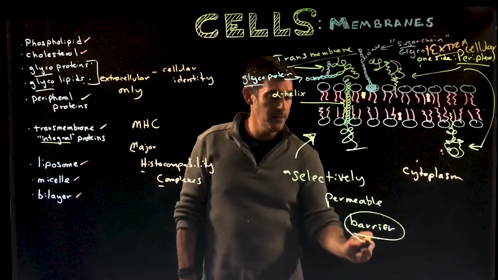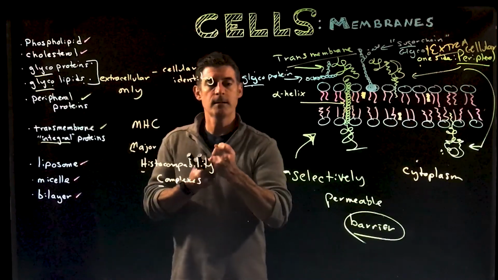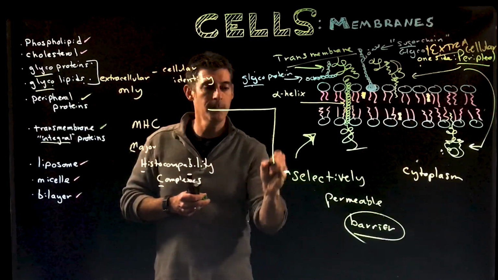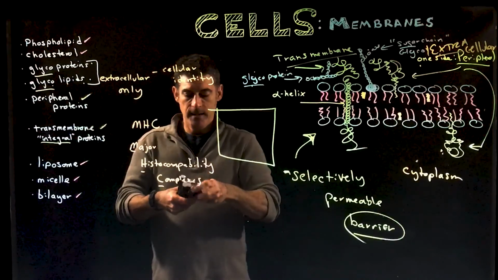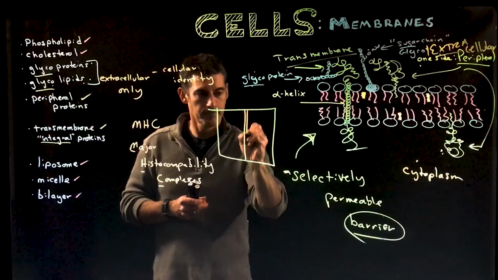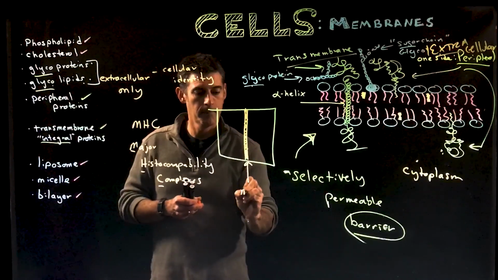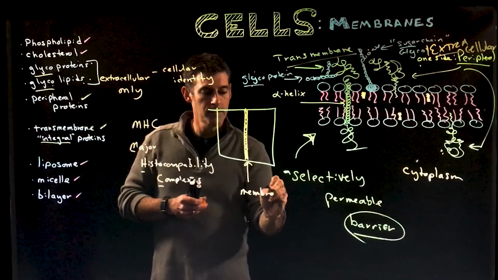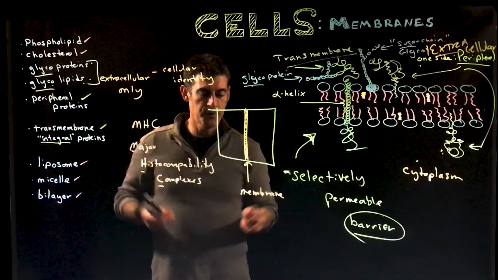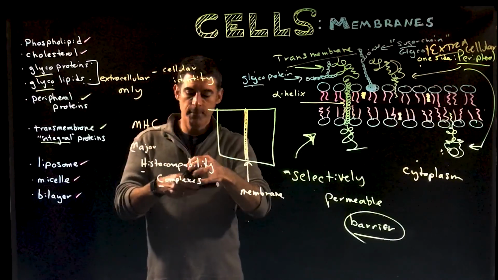One, it's a barrier. So that means if we have, let's just say, an environment here, and this is a membrane down the middle. So this is just a made-up scenario. Say in a lab, we have a chamber, a container, and we fill it up with water.